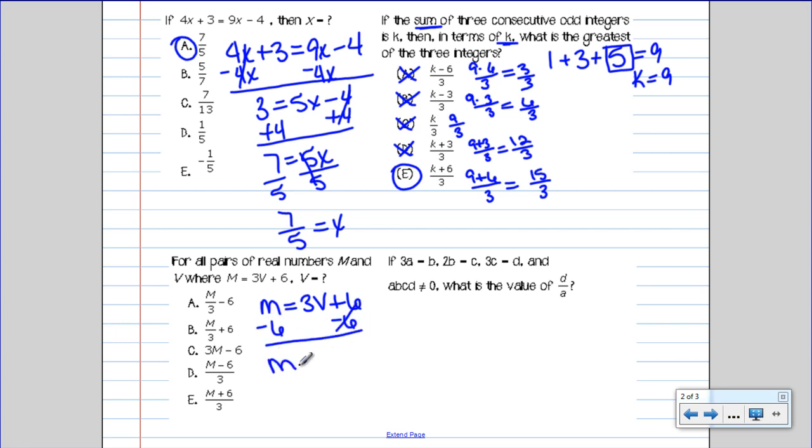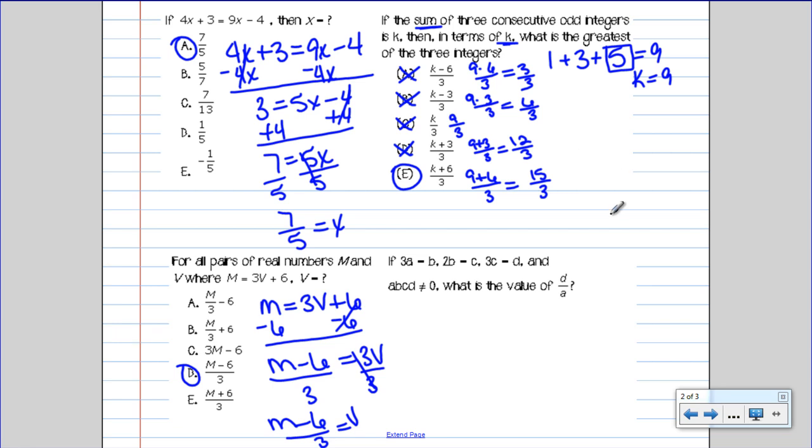So I have m minus 6 equals 3v, and then I'm going to divide everything by 3. So I have m minus 6 divided by 3 equals v. And so then if I look at my answer choices, right here, D says m minus 6 divided by 3 equals v. So I just took what they gave me and solved it for v.